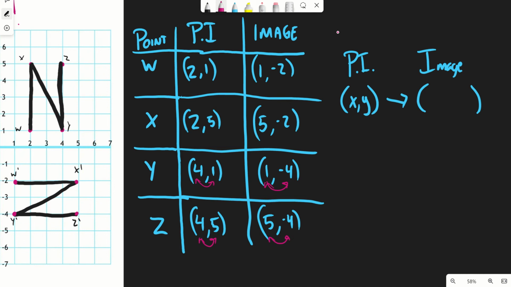So I could say that I know my values are going to swap order. My Y value will come first, and my X value will come second. So I know that's swapping. And then I can say, okay, well, even on this, look at all of my old X values. What's happened to them? Well, they've all become negative. So I can say any point that I'm starting with, if I want to rotate it 90 degrees clockwise, or 270 degrees counterclockwise, this is the rule I want to follow.